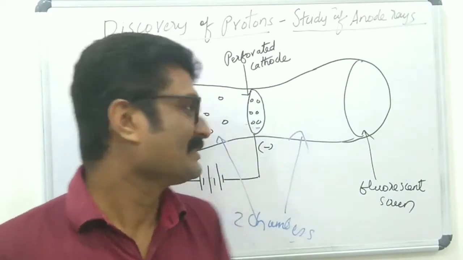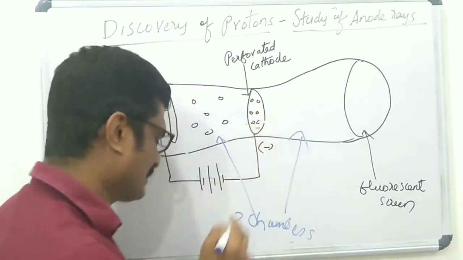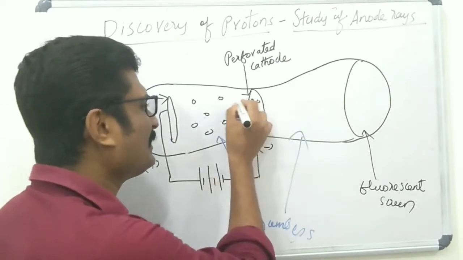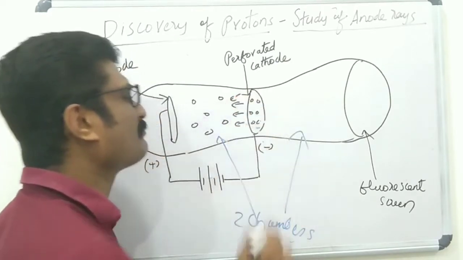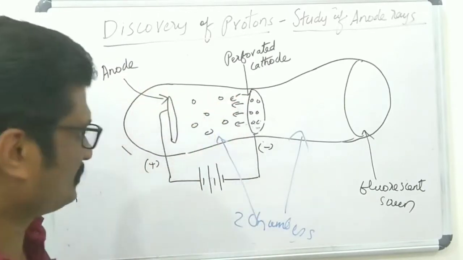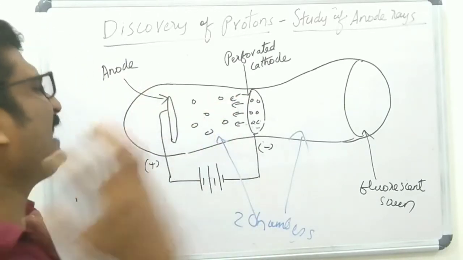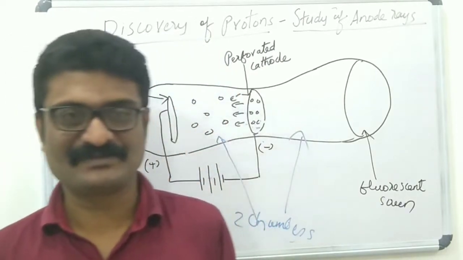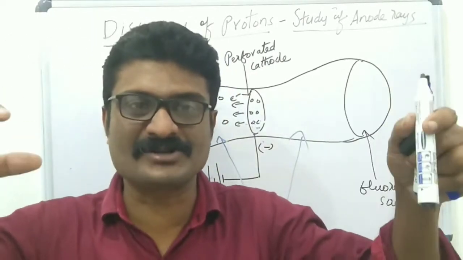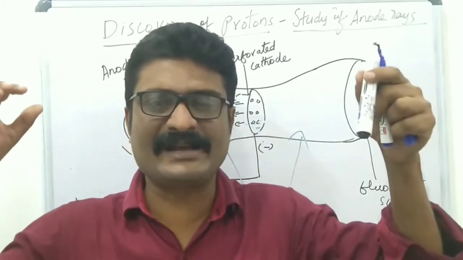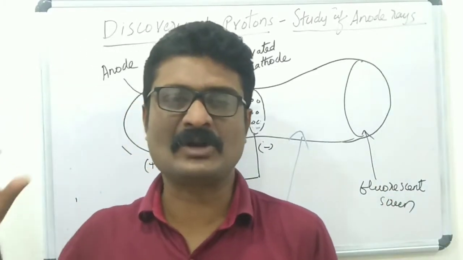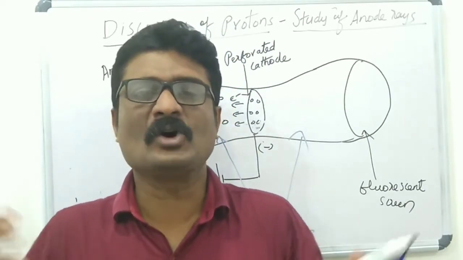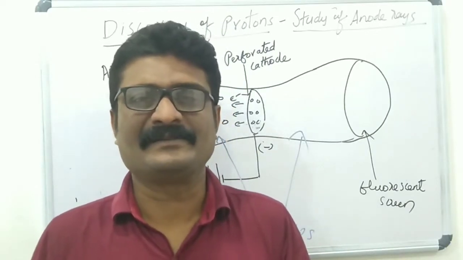Then the electrons emitted by the cathode may hit the gaseous atom. These fast moving electrons emitted by the cathode may collide with the gaseous atom.